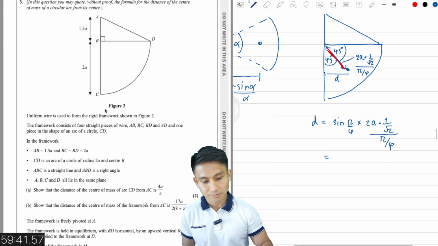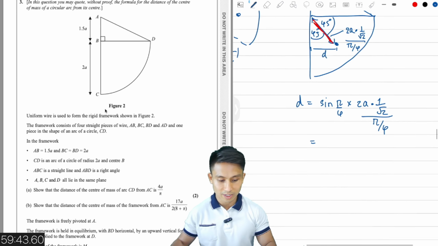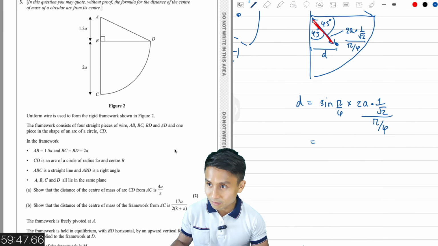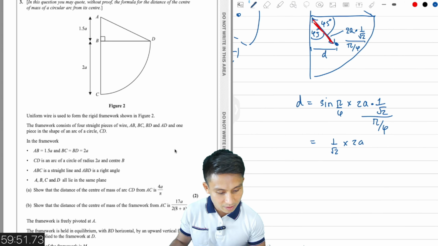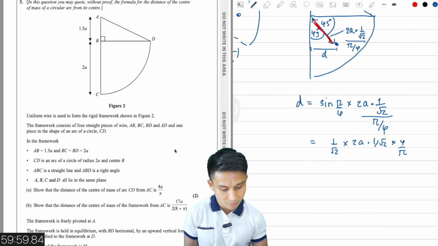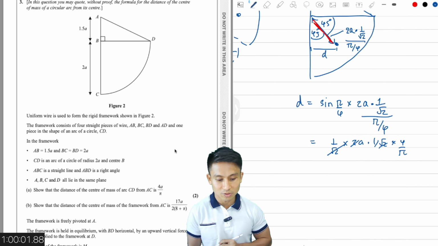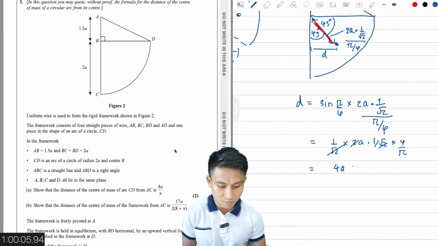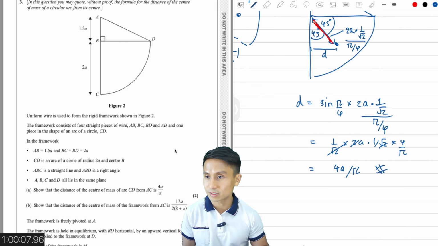So sine pi over 4 is 1 over root 2 again, times 2a times 1 over root 2 times 4 over pi. Root 2 times root 2 is 2, so the root 2s cancel, and the 2 cancels with that. So we get 4a over pi, as required.